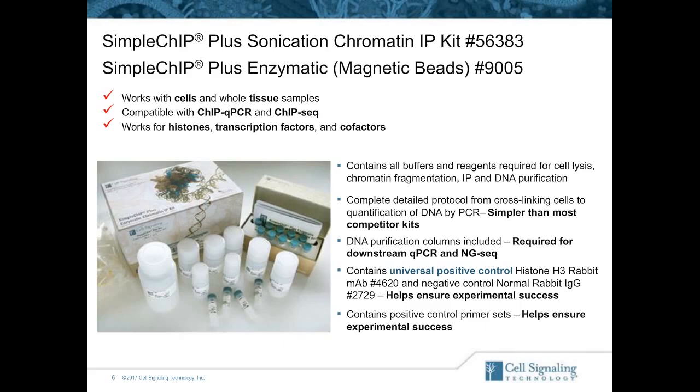And they also contain a universal positive control histone H3 antibody and negative control normal IgG antibody. And using these antibodies in combination with the positive control primer sets really helps ensure your experimental success, regardless of whether your antibody of interest is working or not. These antibodies will tell you that your chromatin is working for an IP experiment.